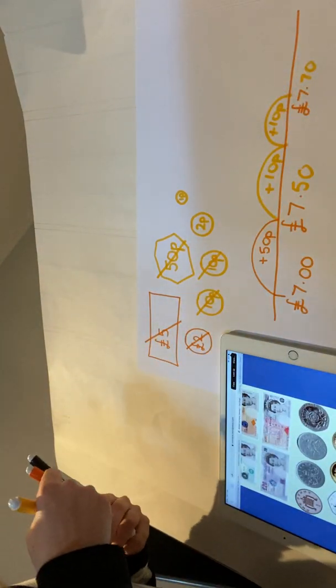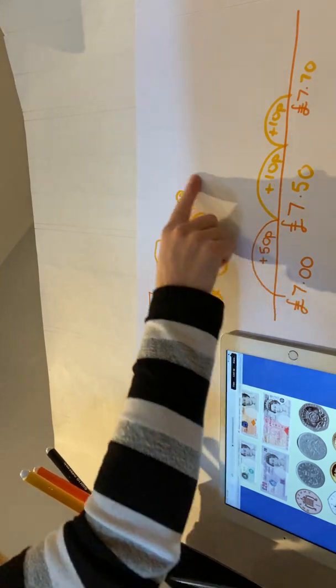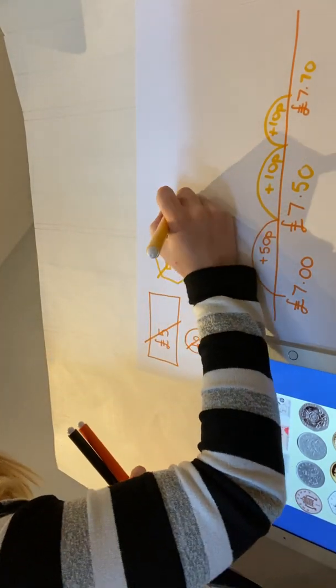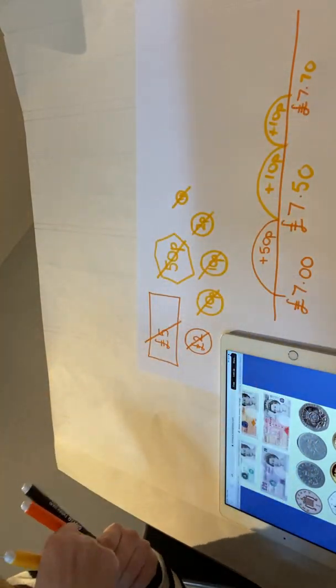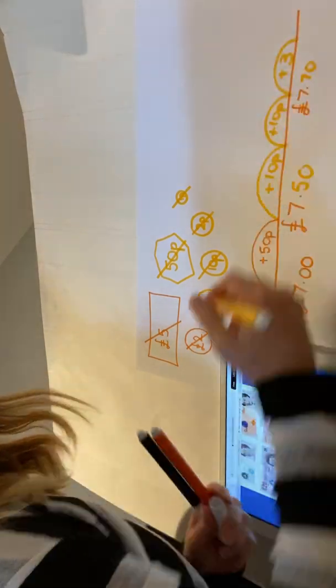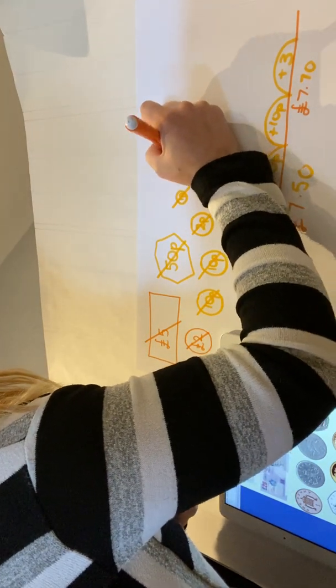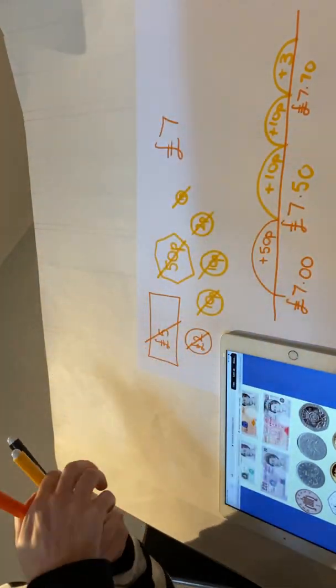And finally, I've got my 2p and my 1p. Now I know in my head that that makes 3p all together, and I can quickly add my 3p onto my £7.70, which will make £7 and 73 pence all together.